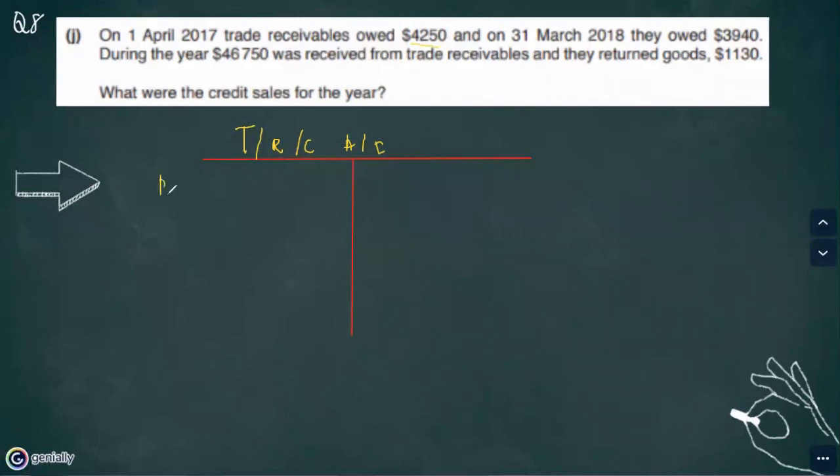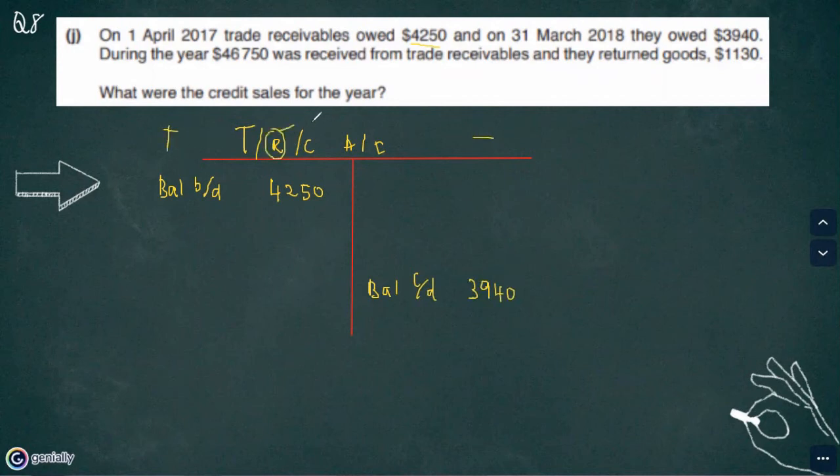So now let's look at this. Balance brought down 4,250 and 3,940 is your balance carried down. Now if you notice, this side decreases, this increases because receivable is an asset account. During the year, 48,760 was received from trade receivable.